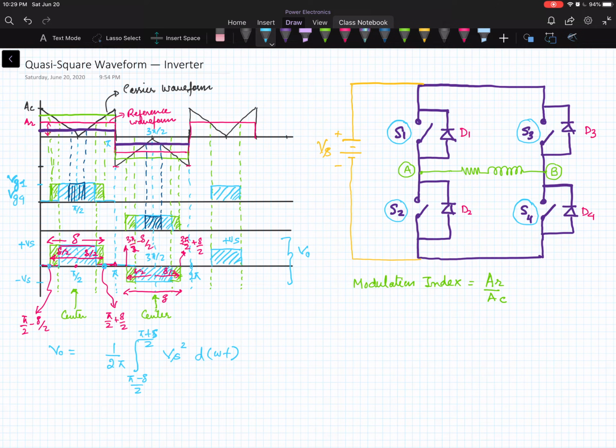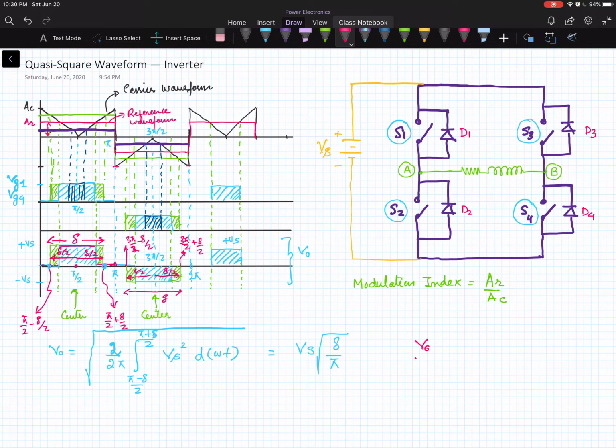Now as we are calculating the RMS value, for the negative part I am just going to multiply it with 2 and then take the square root. So now if we simplify this expression, we are going to get Vs into del by pi. So our pulse width controls the RMS output voltage.